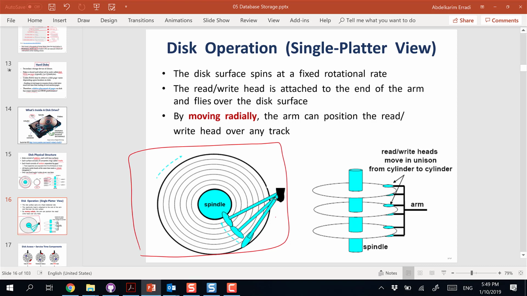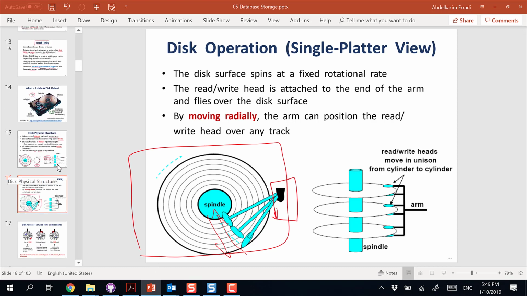And we have the arm, to which the heads are attached, and the arm moves the heads across the platter in this direction, back and forth.